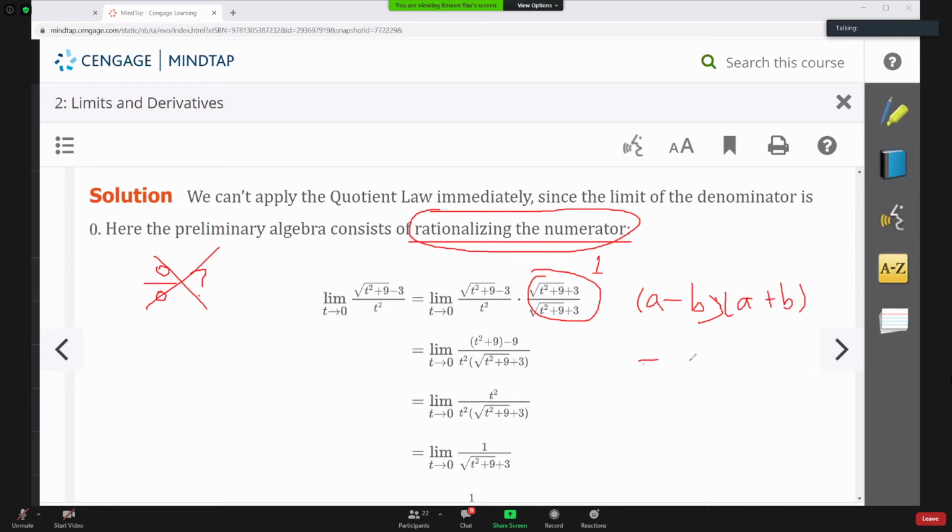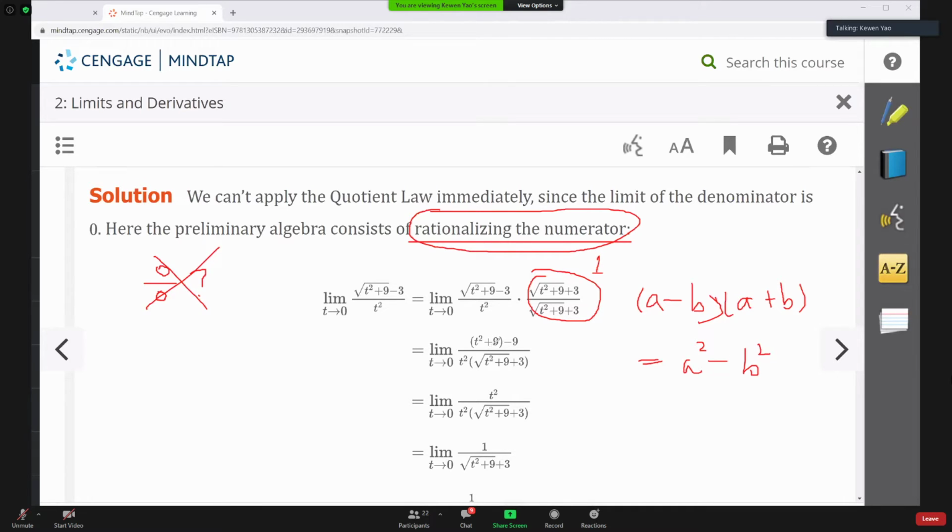That goes to a squared minus b squared, the formula going backwards, right? So the square root of t squared plus 9, squared, is just t squared plus 9. The square root and square cancel out, and 3 squared is just 9. The denominator is just t times the conjugate.